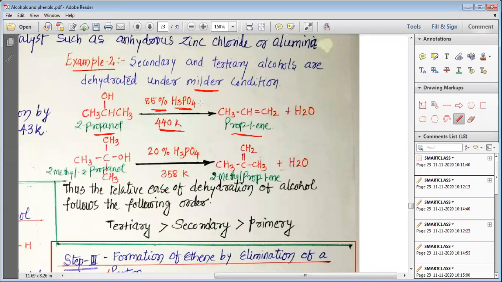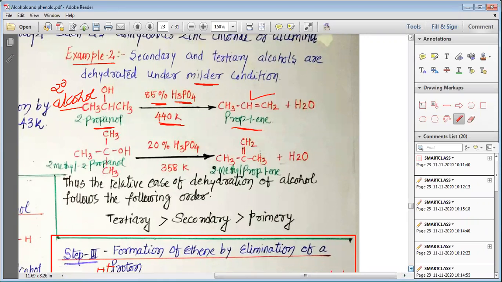Please remember that if you have a secondary alcohol, it is converted into alkene by heating it with 85% H3PO4 at 440 Kelvin.